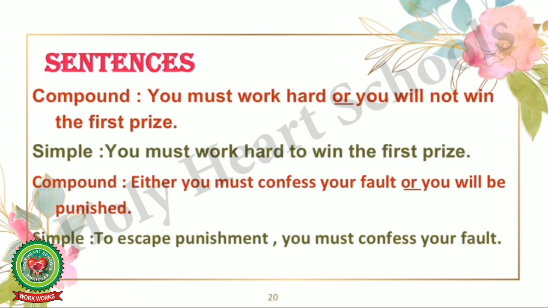Now here children, in order to avoid punishment or to escape punishment, you can use whichever word is suitable according to the sentence, but the meaning should remain the same. Okay, so here the answer for this sentence is to escape punishment, comma, you must confess your fault.